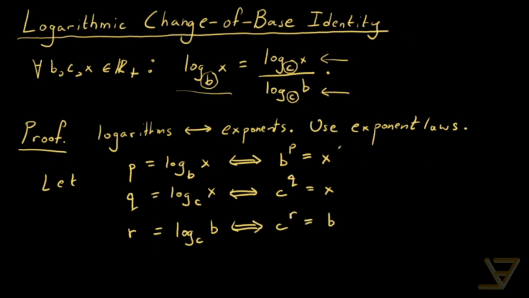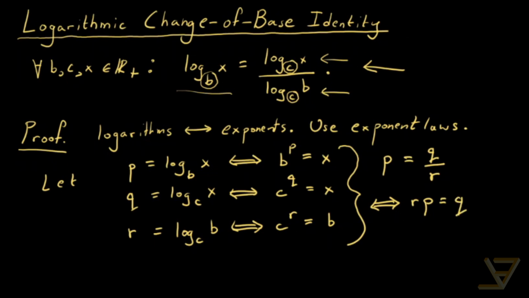So as you can see, we've turned these all into exponential equations, and what we really want to prove is this over here, which is the same as saying p equals q over r. And just to get rid of the denominator, we're going to try to prove that rp is equal to q.